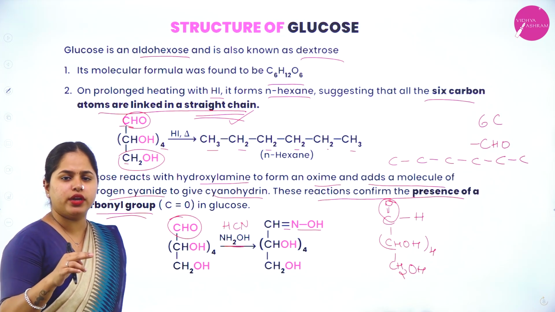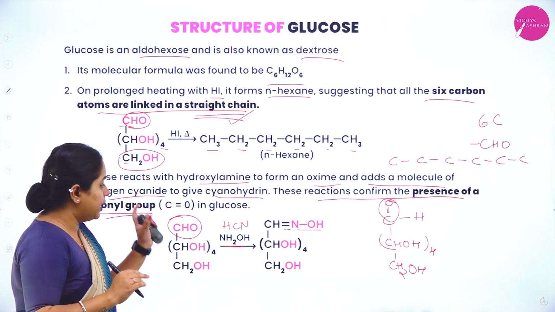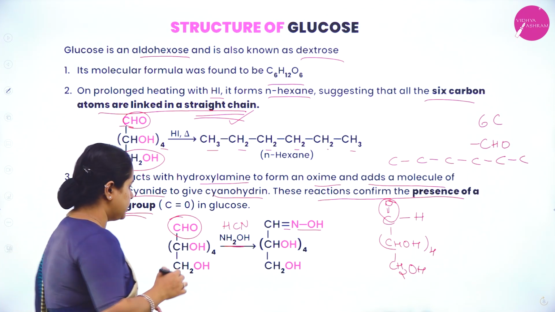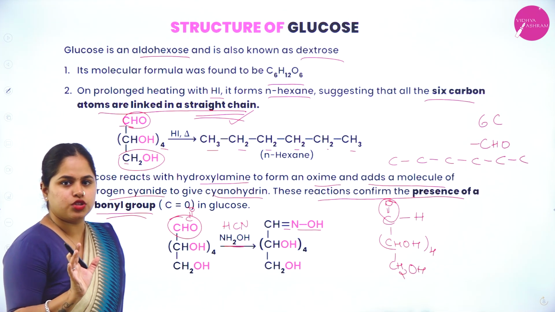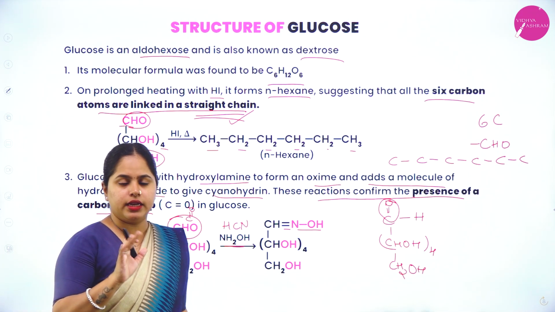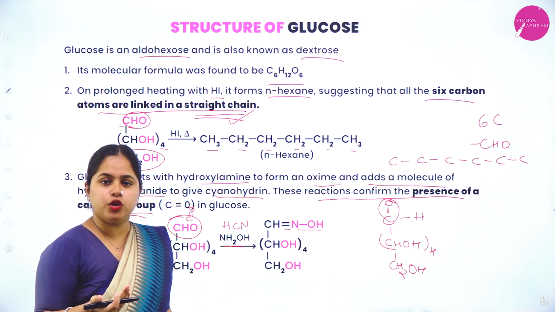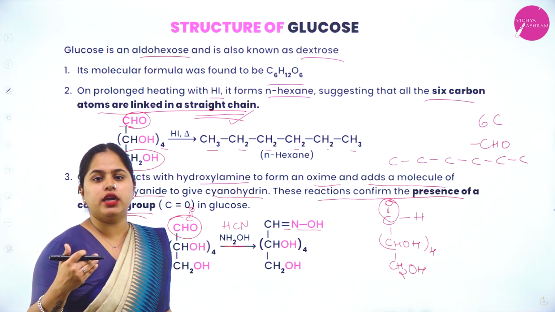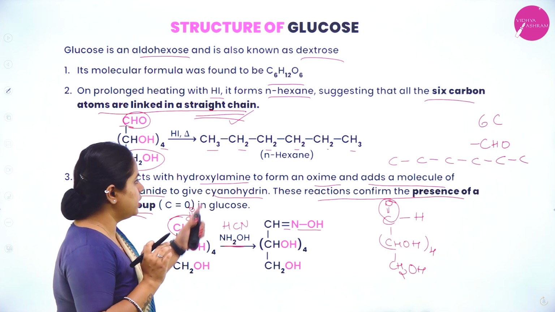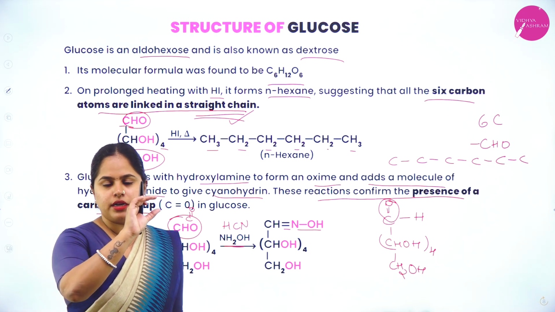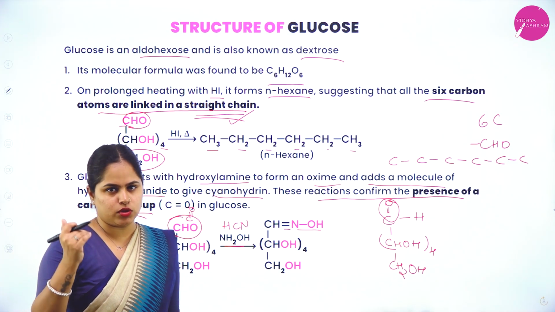So from these two reactions, it was confirmed that there is a carbonyl group present. That is, this C double bond O is there in this particular glucose structure, right? But we know that it's a carbonyl group. Whether it is aldehyde or ketone or carboxylic acid, which one it is, was not confirmed. So two things, I hope it is clear. That 6 carbon atoms are arranged in a straight chain was clear for you.